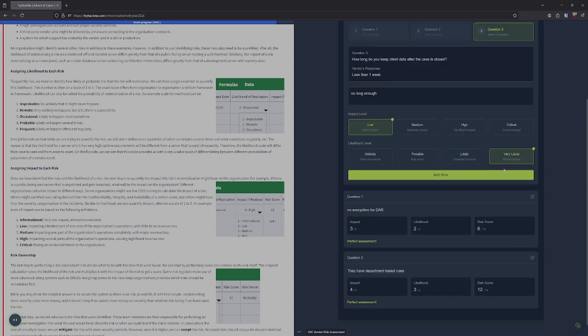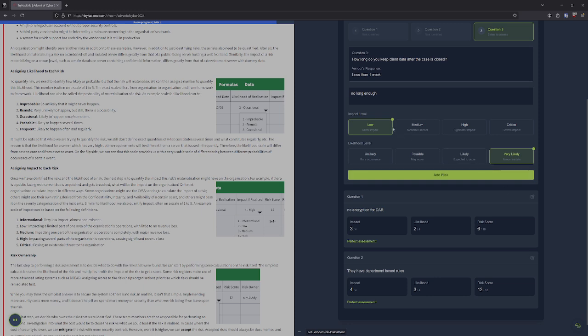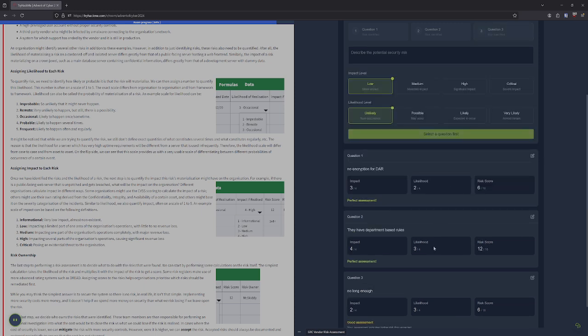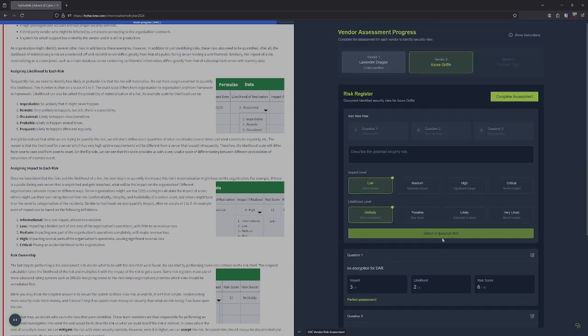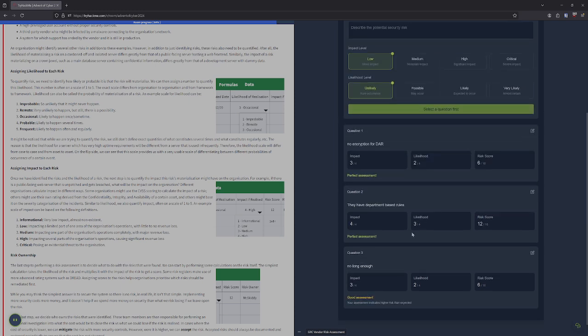Lower risk than expected. Higher risk than expected. You're killing me. I swear there's one I'm missing that I'm not doing.